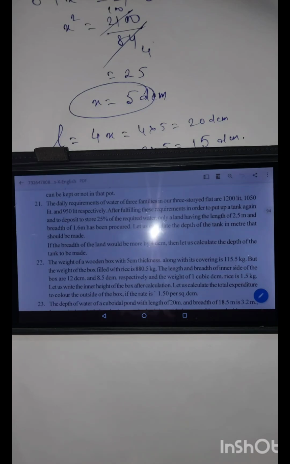The daily requirements of water of 3 families in our 3-storied flat are 1200 liter, 1050 liter and 950 liter respectively.